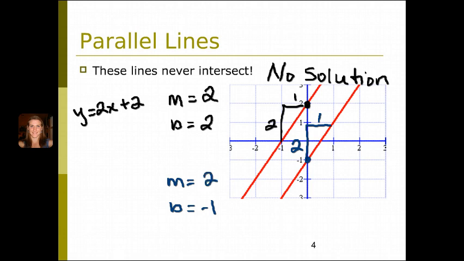So our equation would be y equals 2x minus 1. And as you can see, both of the slopes are the same. Therefore, we proved that these two lines are parallel. Therefore, they have no intersection and no solution.